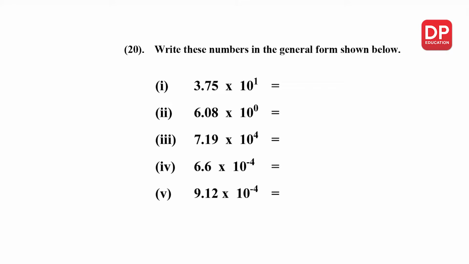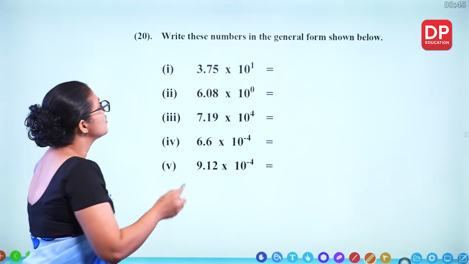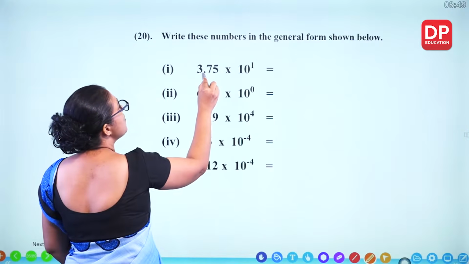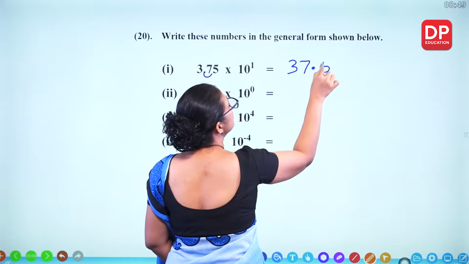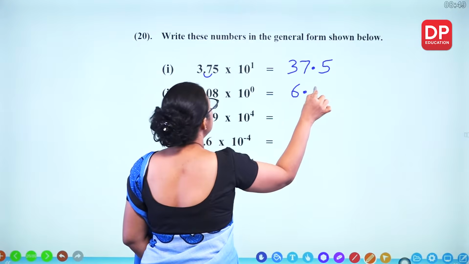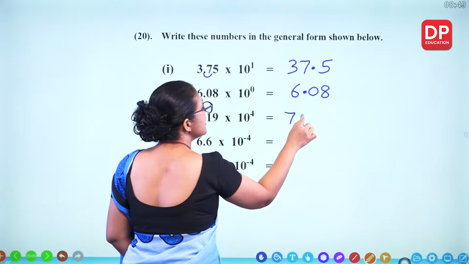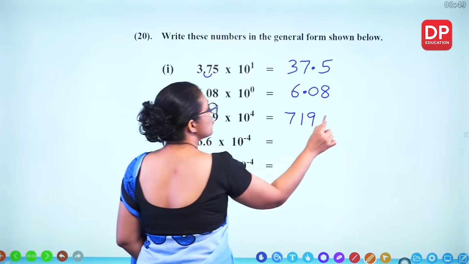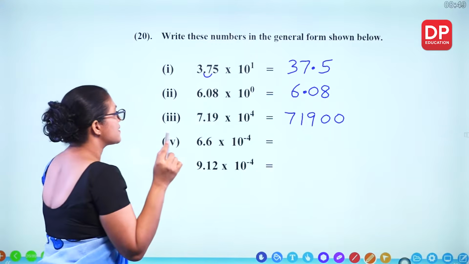Write these numbers in the general form shown below. Now scientific notation is given. So how do you write down the general form? 1 place to the right. 37.5. Nothing. 0 means not changing the decimal point. Power 4 means you are moving the decimal place 4 places to the right. 1, 2, 3, 4. So you put zeros for other places.